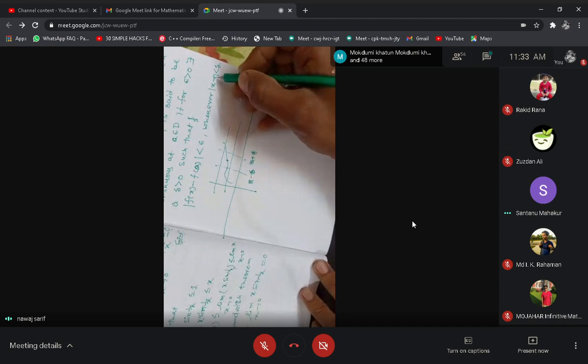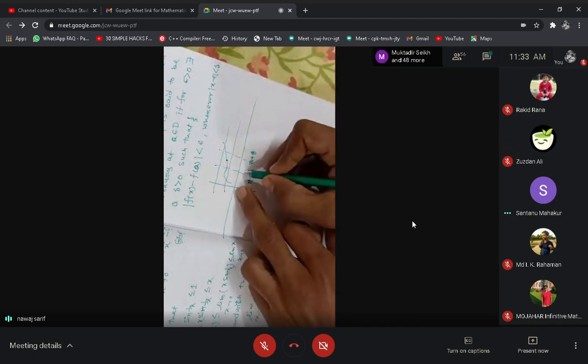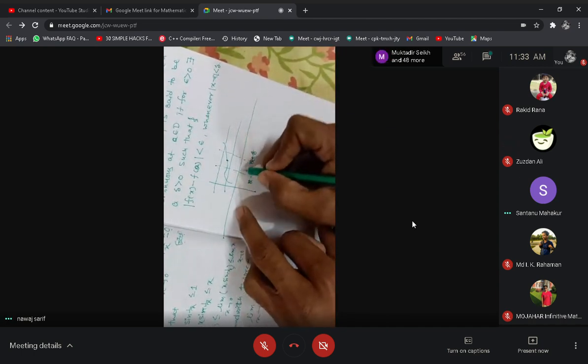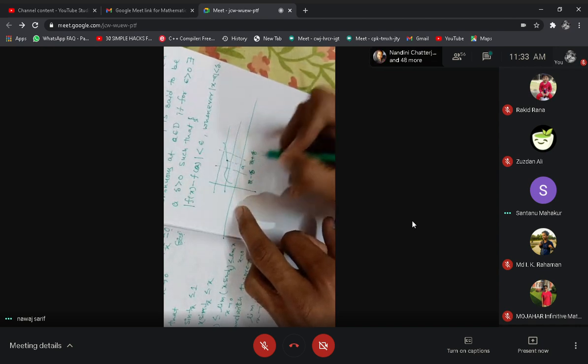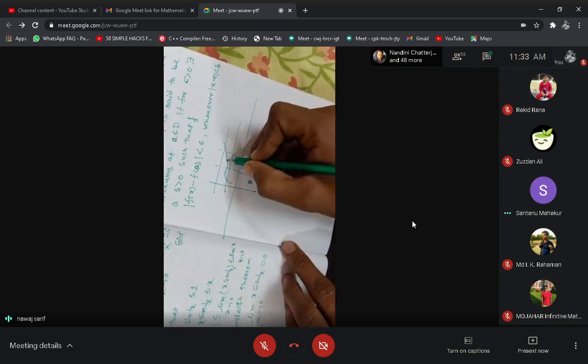This is mod of x minus a less than delta. So x ranges from a minus delta to a plus delta, and f(x) is continuous at this point.